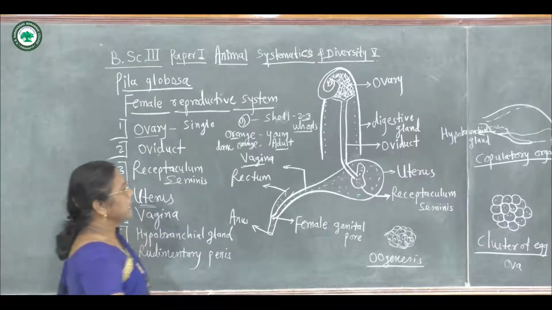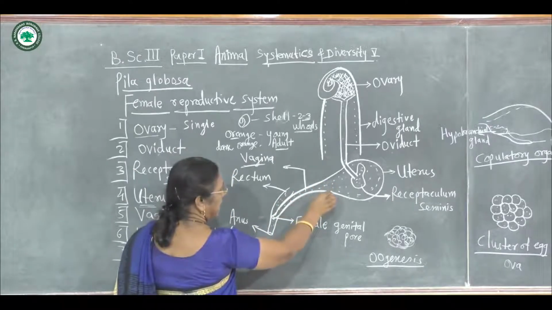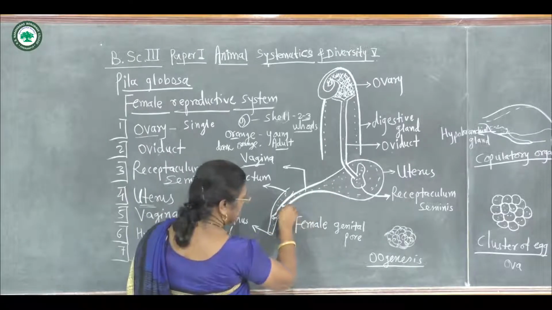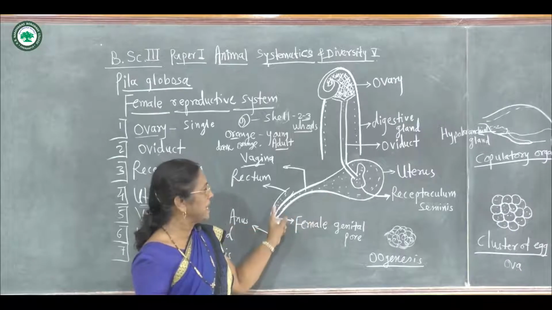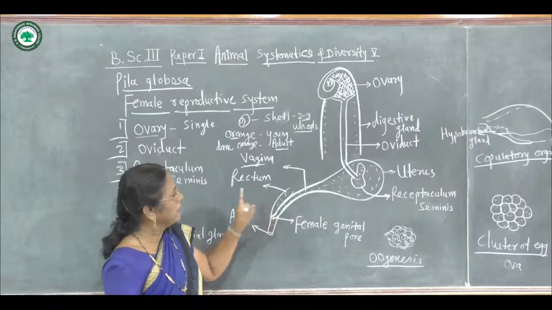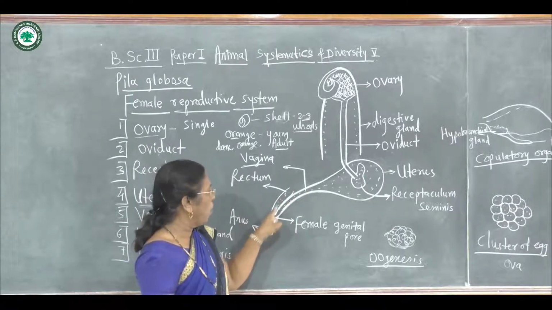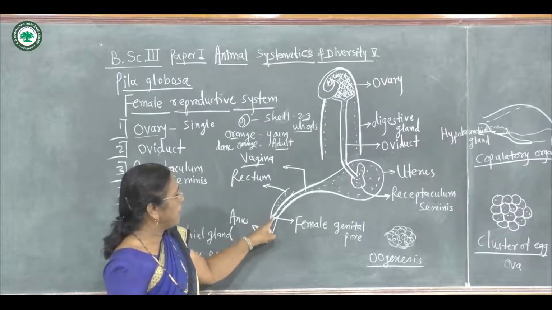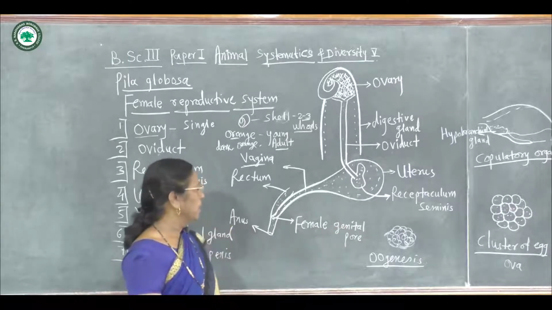The vagina is a muscular tube of uniform diameter. It leads towards the right side, turns near the right mantle wall, and opens by a small aperture or small papilla. This small papilla is called the female genital pore.